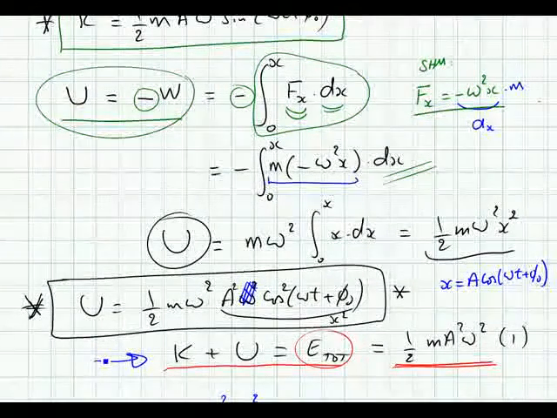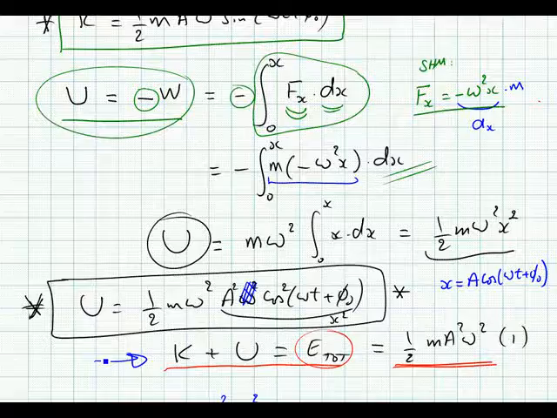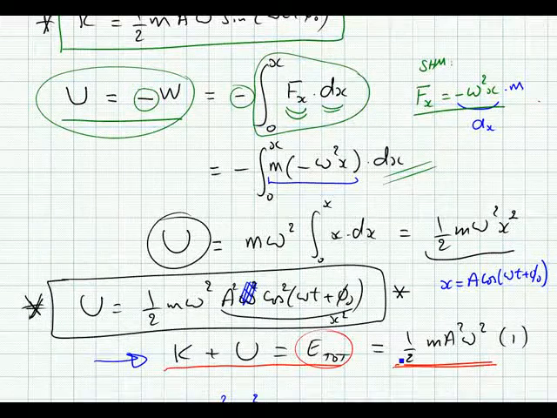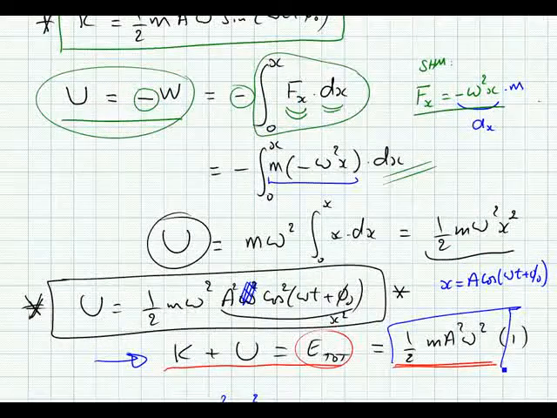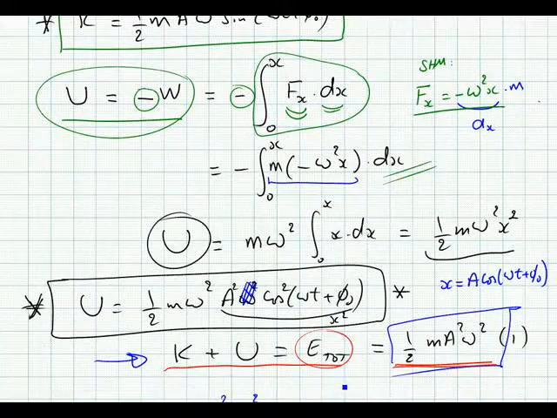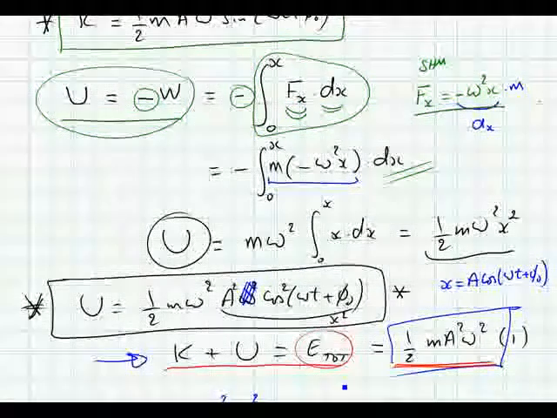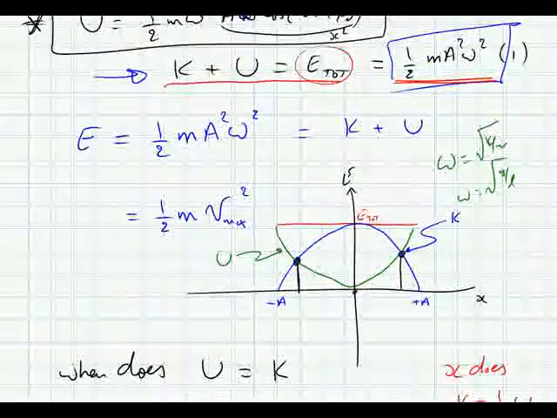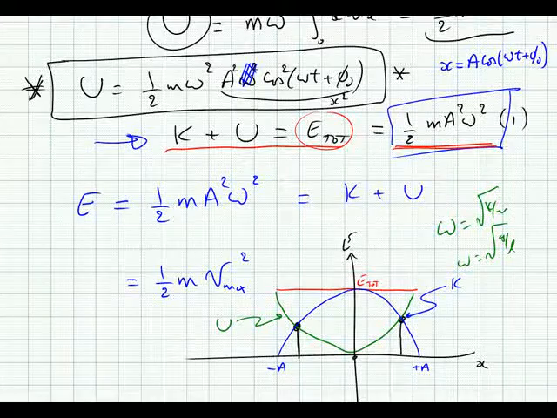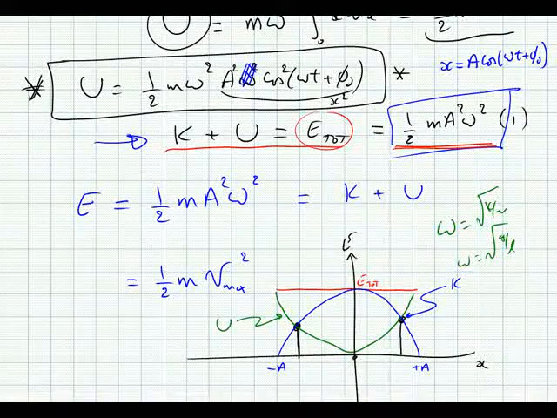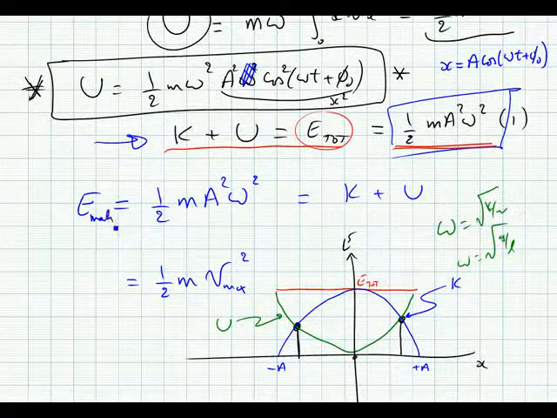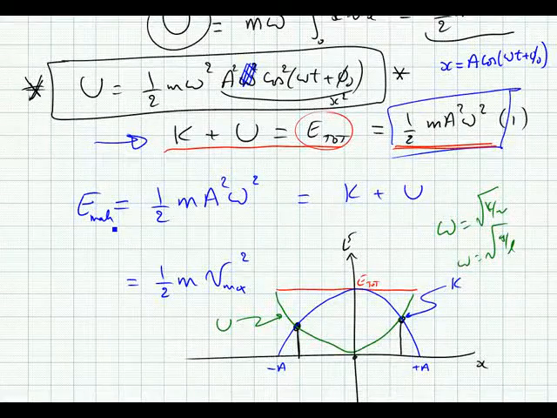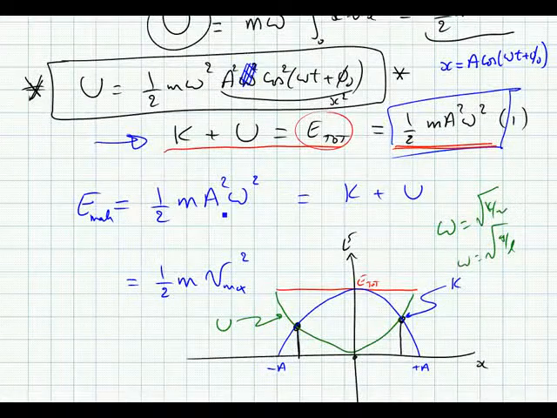So the total mechanical energy of the oscillator is kinetic energy plus potential energy, which is 1/2 of mass times A squared times omega squared.